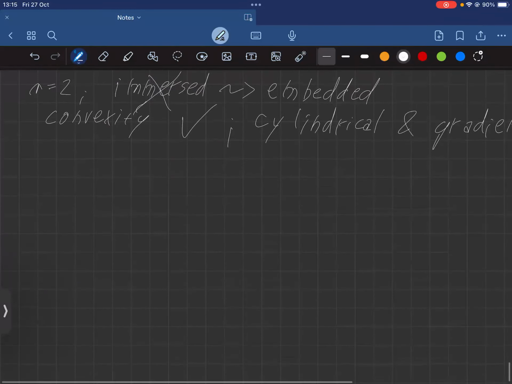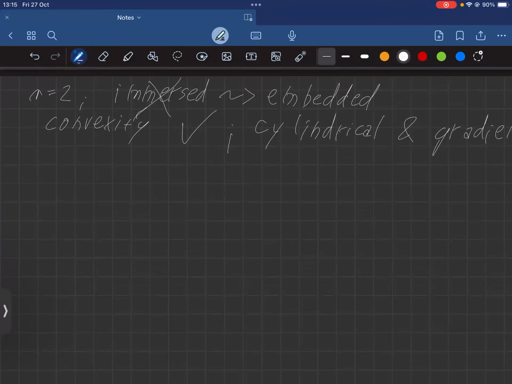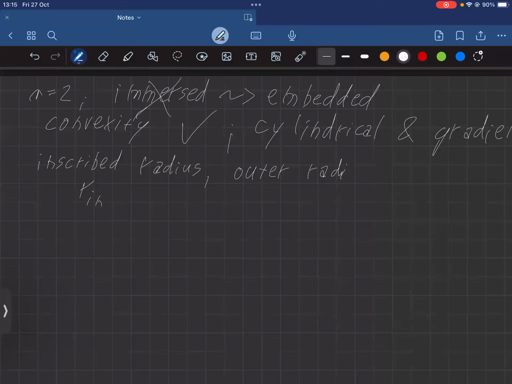So again, just to recall, we have something called inscribed radius. I'm going to denote this R in, and we have outer radius. I'm going to denote this R out.